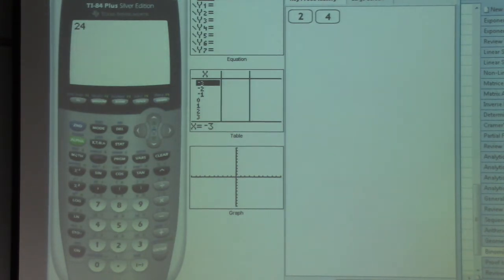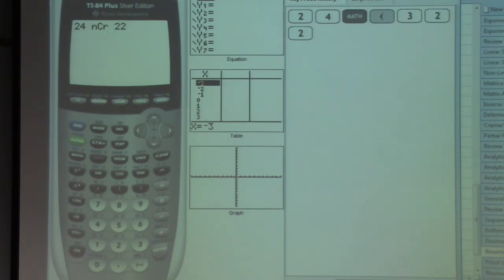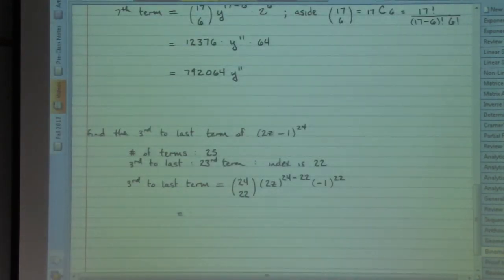So we hit the math button. We move over to our probability menu. We select the combination option, which is option number 3. Then we type in the second number, which is our index number, 22, and hit enter. So our coefficient is 276.